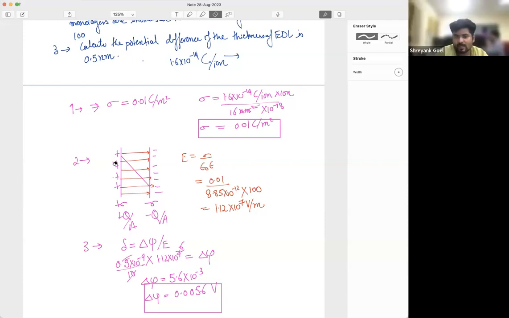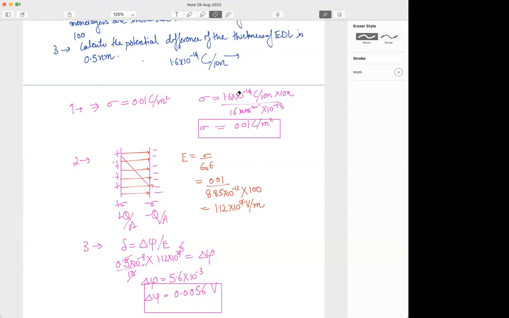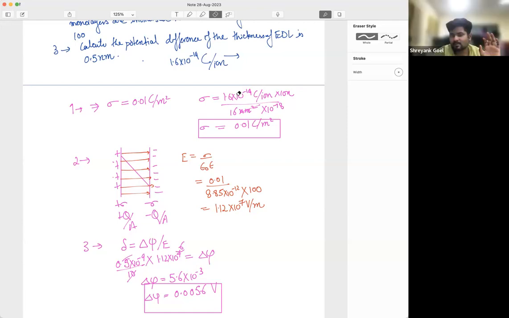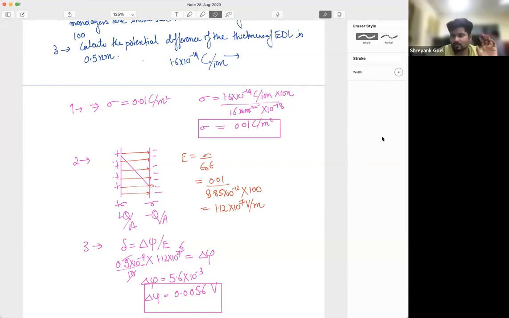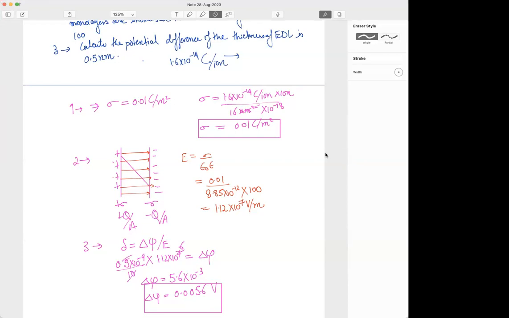Just as a hint, sir has clearly discussed in the last week's lecture when this depletion interaction can occur. If you just go through it, then you will see.